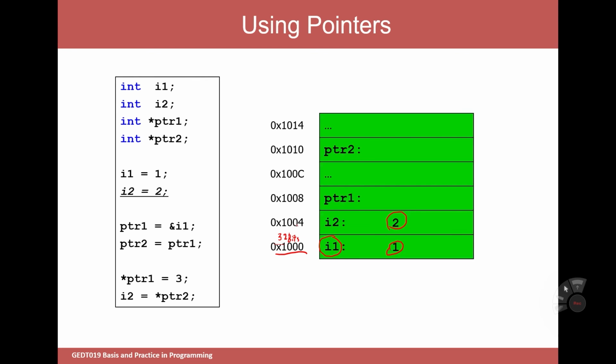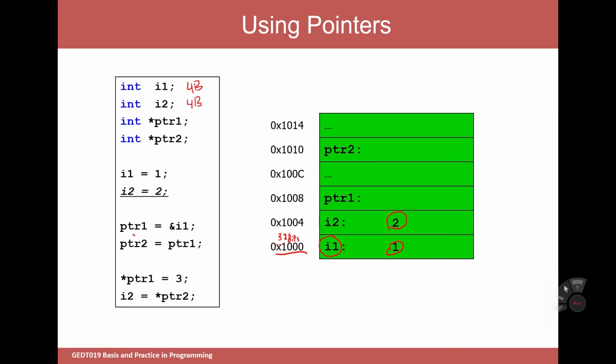Then 1004 is for I2. So 1004, 1005, 1006, and 1007, those 4 bytes are reserved for I2. Why? Because I2 is 4 bytes. So this one is 4 bytes, and this one is 4 bytes. I hope this one is clear.